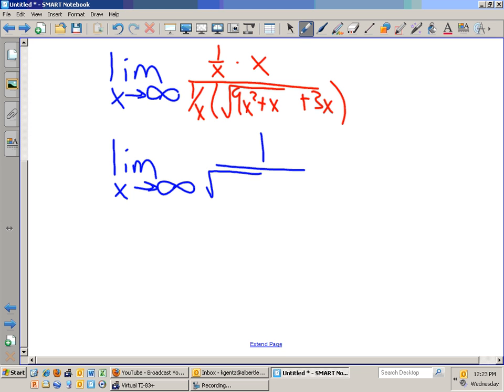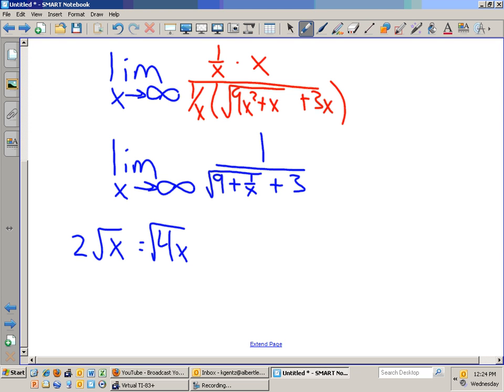I get the square root of 9x squared times 1 over x squared becomes 9, plus x times 1 over x squared becomes 1 over x, and 1 over x times 3x gives me 3. If I want to multiply inside a square root, let's say I had 2 square roots of x. If you want to get that 2 on the inside, I have to square it. So that's what I did.